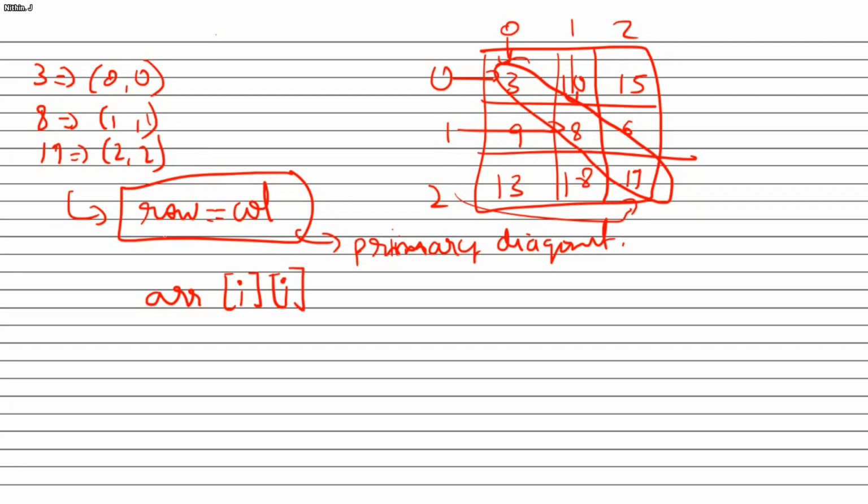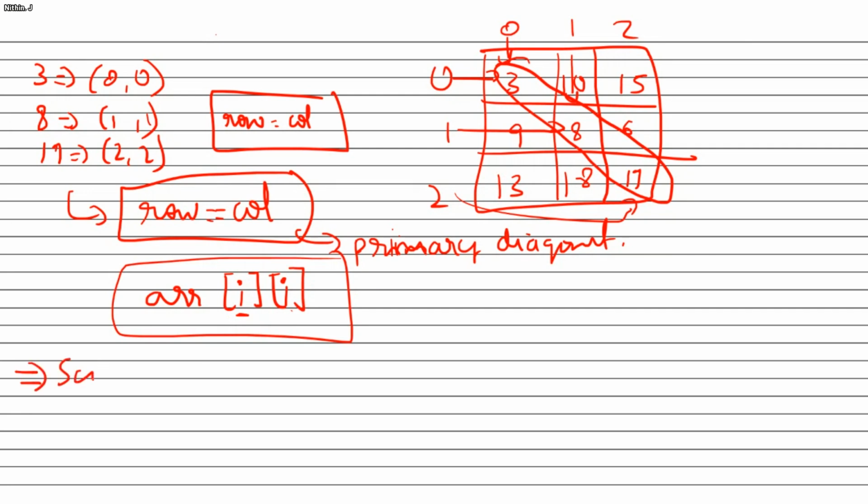As we saw in this example, 3 is located at 0 comma 0, 8 is located at 1 comma 1, and 19 is located at 2 comma 2. So for all the diagonal elements there is a simple pattern that the rows and the columns are equal. We can use the same thing and just have a single iterator so that the rows and columns are always the same. So whenever I write this code, I'm accessing the diagonals of a two-dimensional matrix.